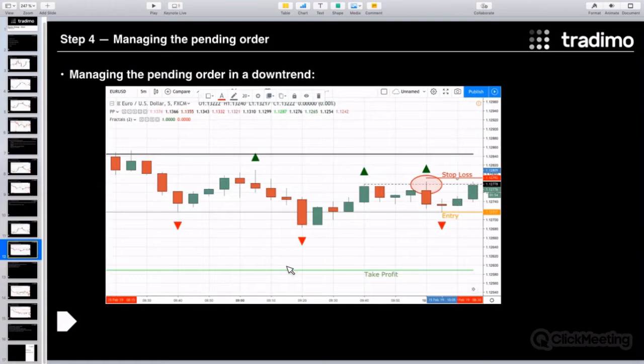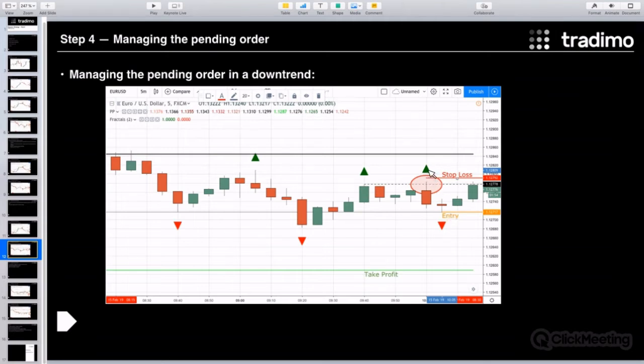Okay, then here is an example for a downtrend. In a downtrend, we are moving our entry level. So the initial entry level was, let's say, this one, and then a new down fractal appears, then our entry level is moving up a little bit to the new level. Yeah, and the same thing you need to do all the time.